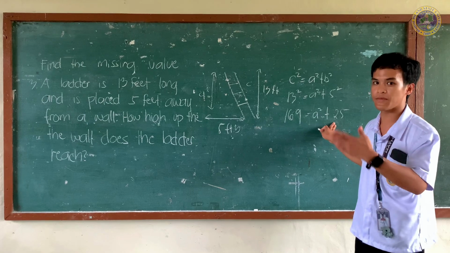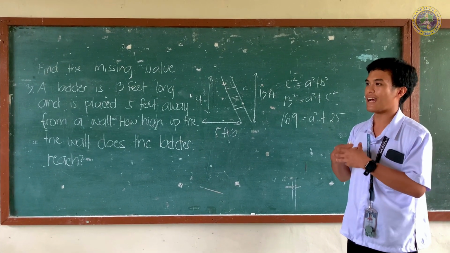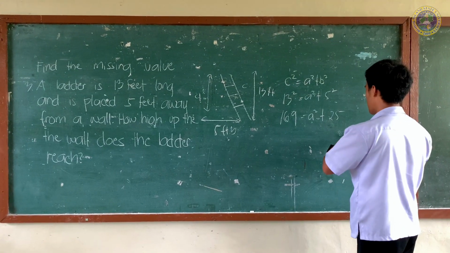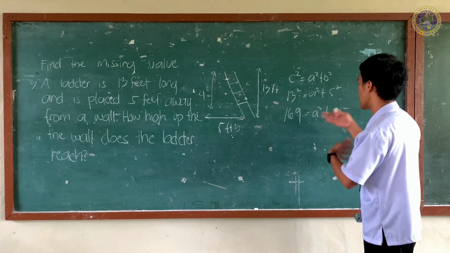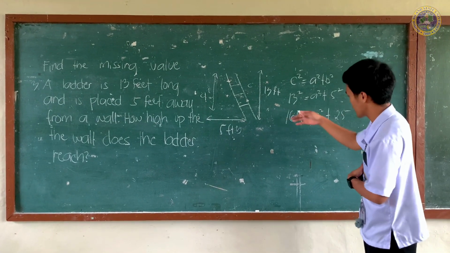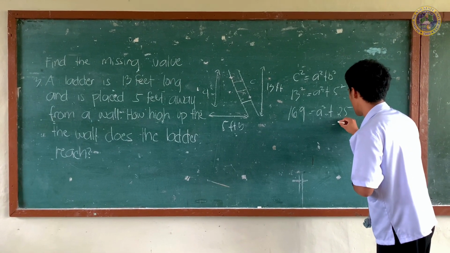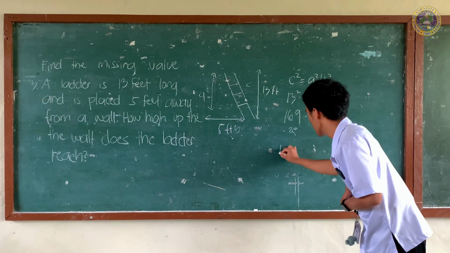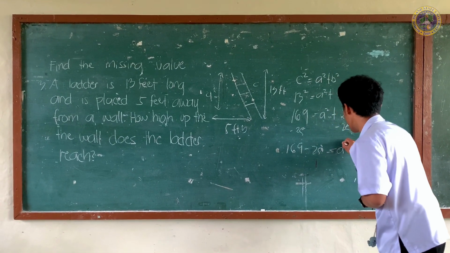Next, we transpose, or simply use the addition and subtraction properties of equality, which in short means we move the other values so that we get what we are trying to find. So minus 25 here, then minus 25 here. So it will become 900 minus 25 equals our A squared.